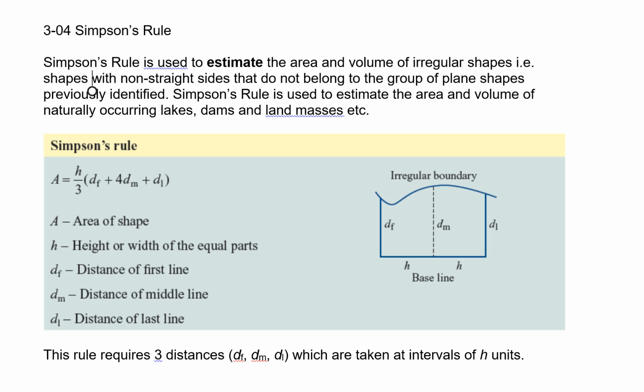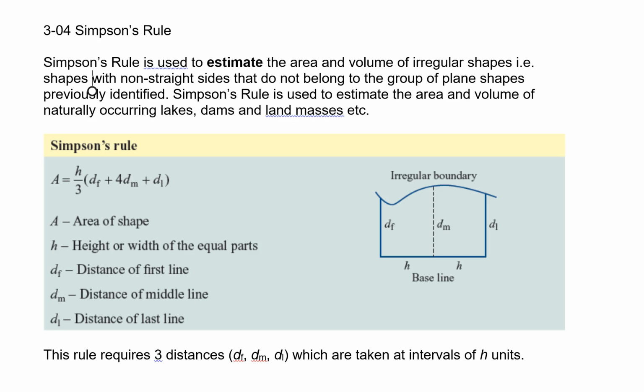One way in which you can make your estimation of the area more accurate is to apply Simpson's rule more than once over the area. And when I've explained what Simpson's rule actually means, then you will see how we could apply the rule more than once.